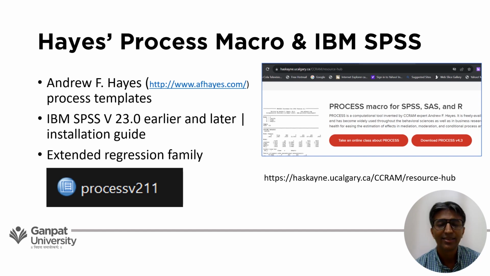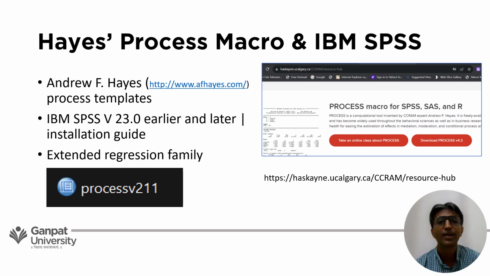Capital X is your independent variable, capital Y is the dependent variable, and capital M is your mediating variable. All these three variables are necessarily measured in the form of either interval data or ratio data, that is metric data. Now let's move to how to download and use process macro in IBM SPSS.